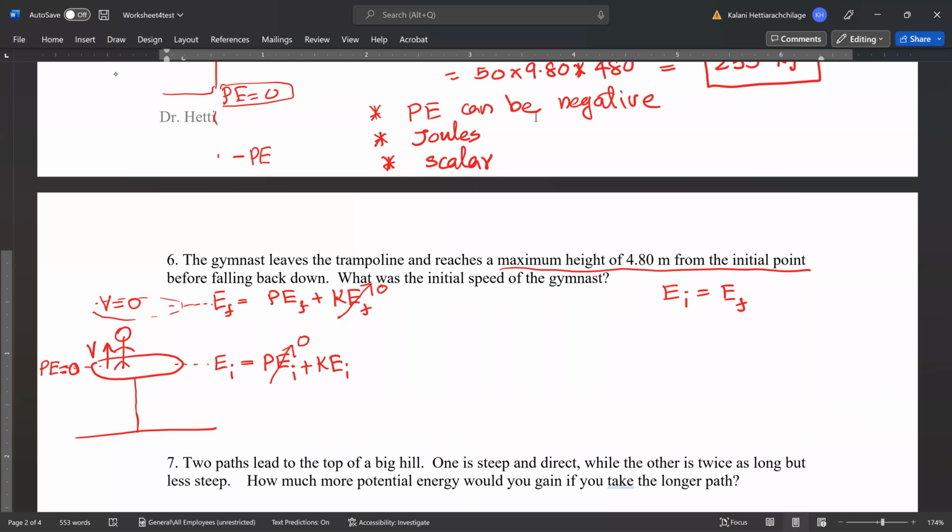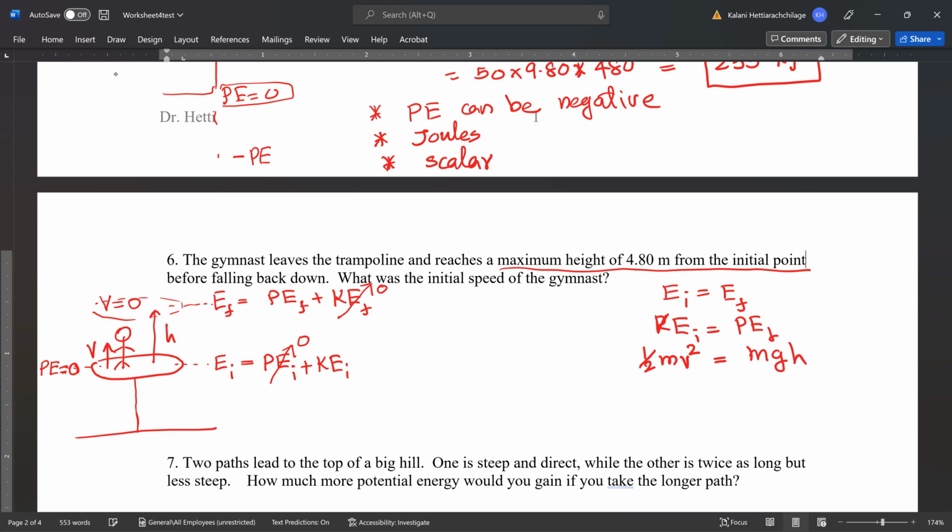So now E initial equals E final. What we are left with is kinetic energy initial at the beginning, and finally I have potential energy final. That means all the kinetic energy I initially have on the trampoline, that person, is going to be converted into potential energy at the end, right? So now kinetic energy initial, half m v squared, equals final, m g h, and say this height is h, right?